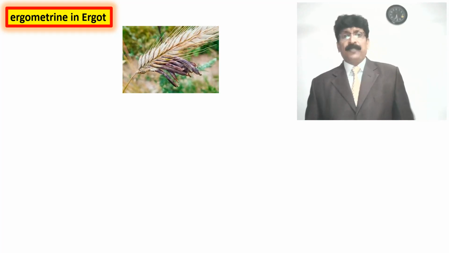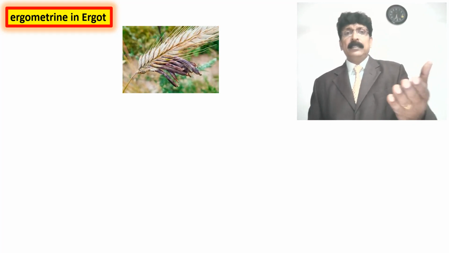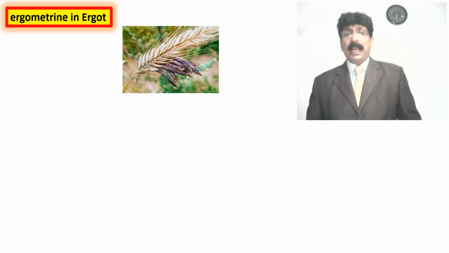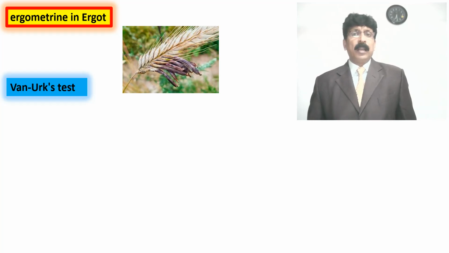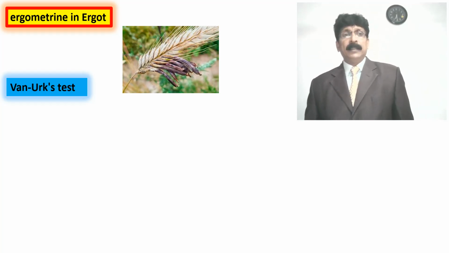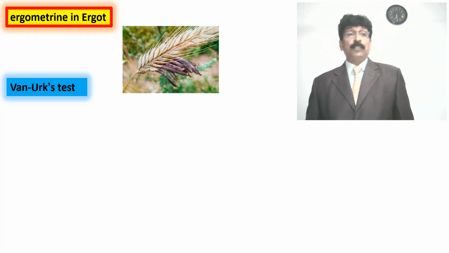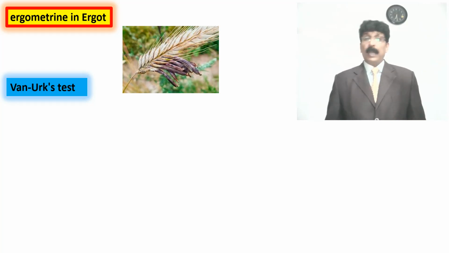It's not a part of the plant, it is developed by a microorganism especially. The spore develops and contains the active principles ergotamine, ergocristine. There are many ergot alkaloids present.